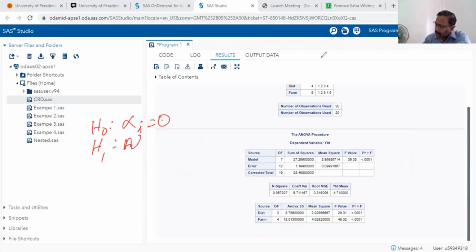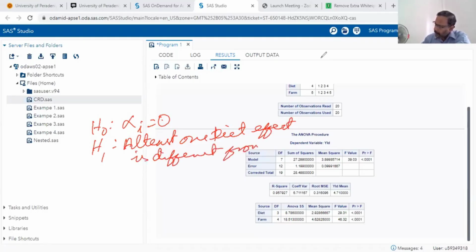Alternative: at least one diet effect is different from the rest. So that is the alternative.